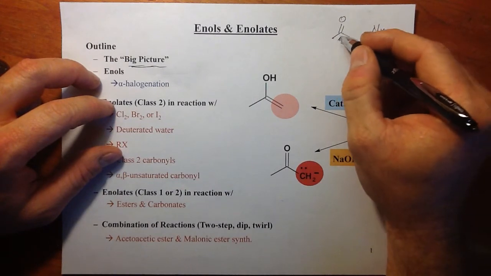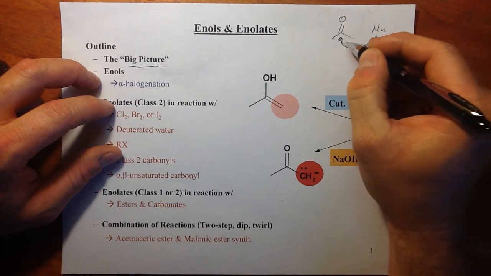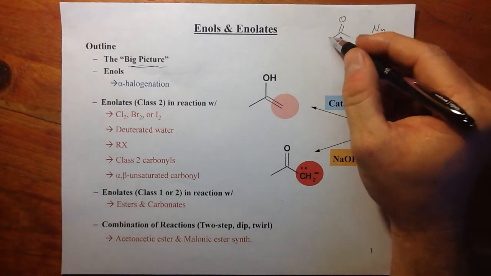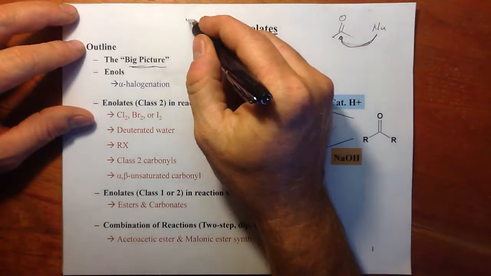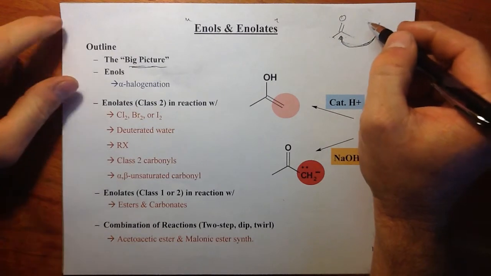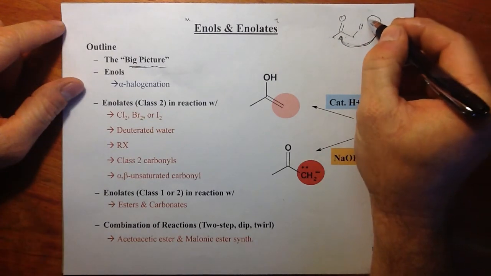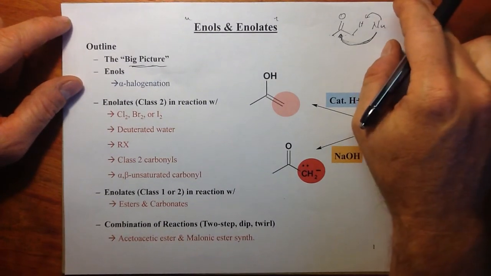Depending upon whether there are leaving groups or not, you would have acyl substitution with leaving groups, and if no leaving groups, then acyl addition. But in the first video discussing enols and enolates, it was mentioned that we can also have nucleophiles attacking the alpha protons to either generate enols or enolates.